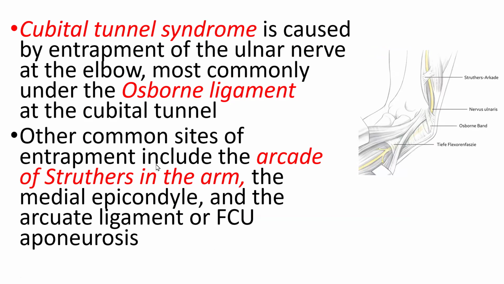Other common sites of entrapment are at the arcade of Struthers, together with the median nerve, but to a lesser extent. It could be compressed at the arcade of Struthers, the ligament of Struthers, the medial epicondyle, and the arcuate ligament or flexor carpi ulnaris aponeurosis.